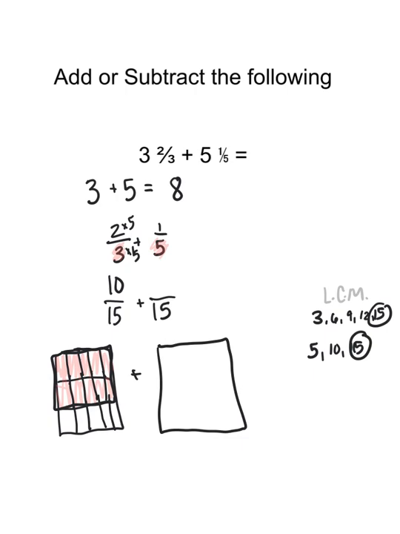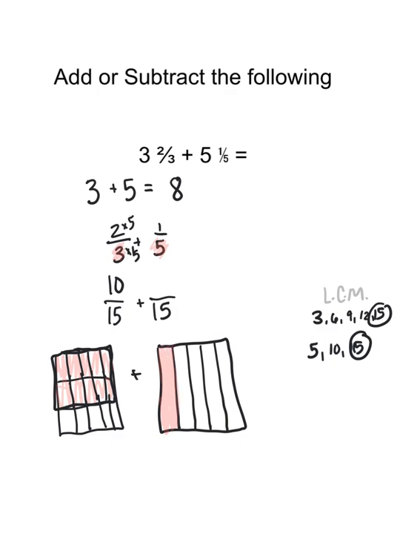Okay, so I have 1/5. That's my second addend. Remember, the addends are just the pieces that you're adding. So we're going to take 1/5.